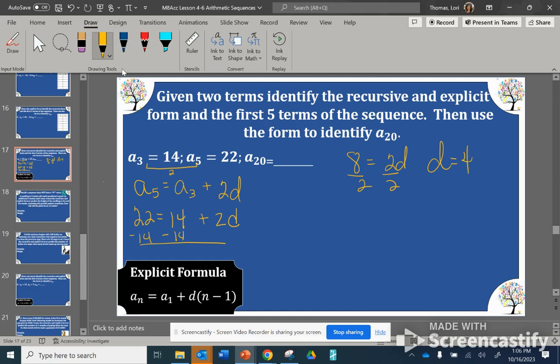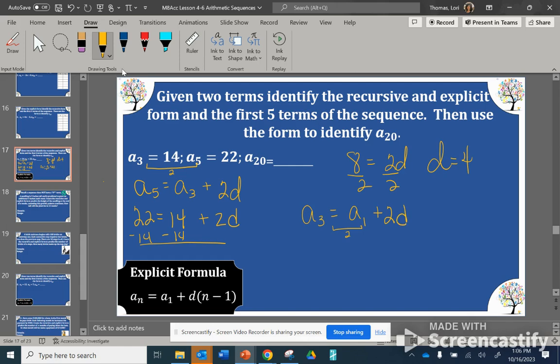Now, we need to find what A sub 1 is, our first term. So we can set up a new equation. Let's use A sub 3 since it's closer to A sub 1. Between the third and first term is 2, so we have A sub 1 plus 2 common differences.